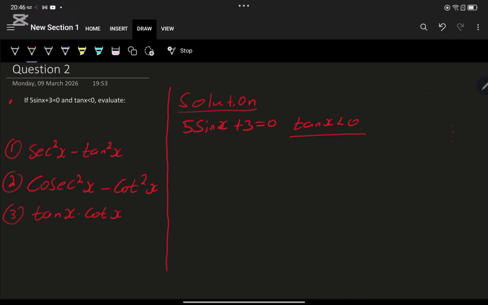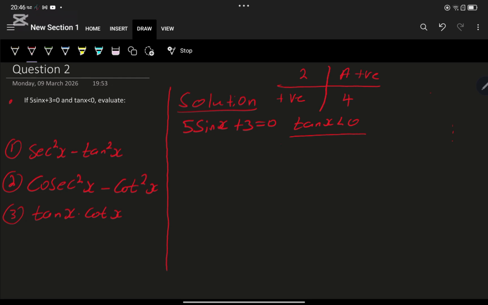So in which quadrant is tan x negative? We know that tan x is negative in quadrant number 4 and quadrant number 2, because in the first quadrant all the trig ratios are positive, and tan is also positive in the third quadrant.